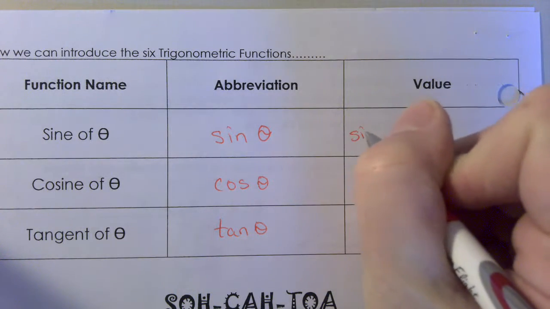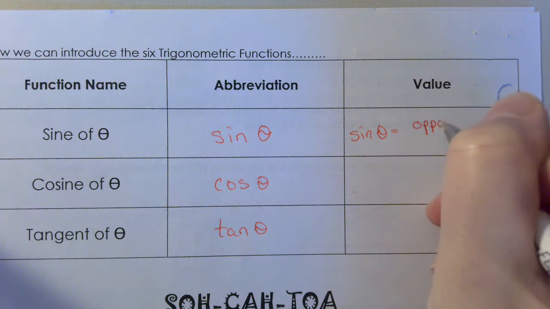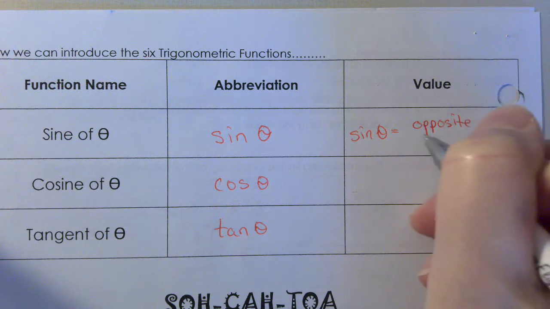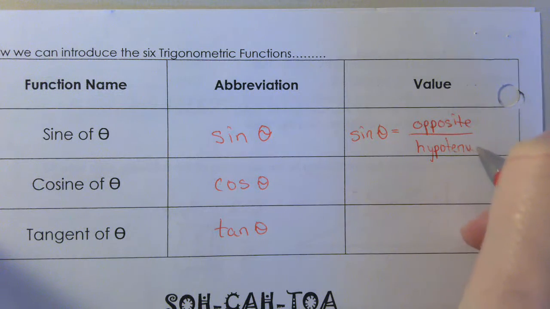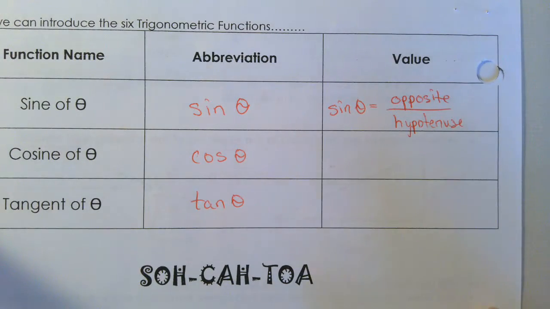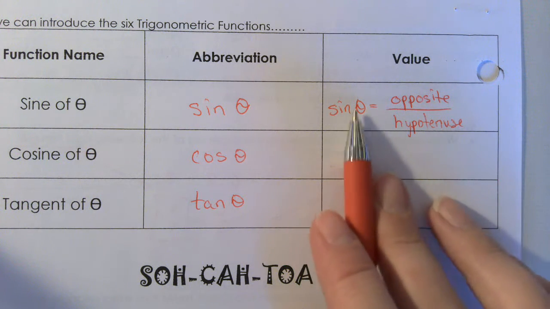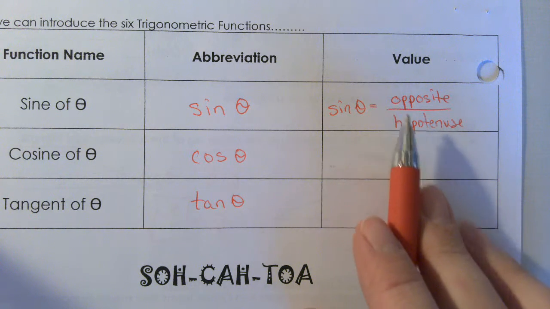Now what's the value? Well, sine of theta is equal to the opposite side over the hypotenuse. Now you don't have to spell that out. You could abbreviate to save yourself time. When I look at my right triangle, to find the value of the missing angle, I use sine theta and I take the opposite side over the hypotenuse.